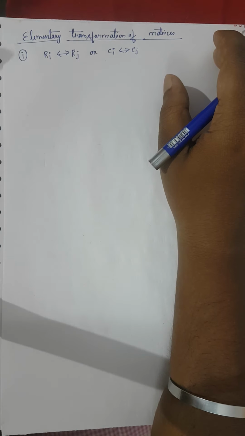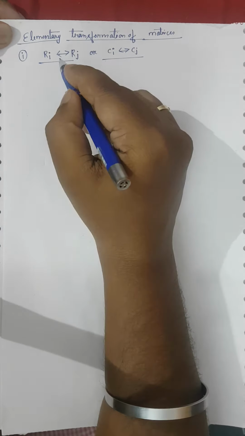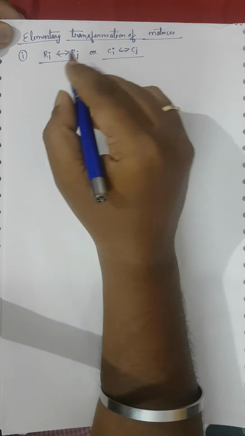Any two rows or any two columns can be interchanged among themselves. This is your first, this is second. One is for row and one is for column, so we are getting two transformations.